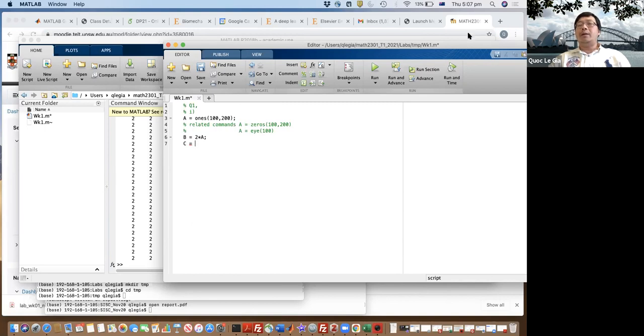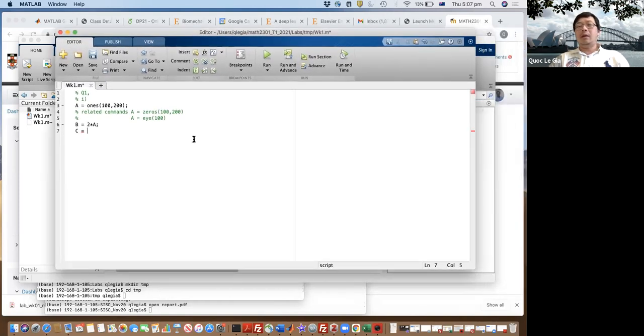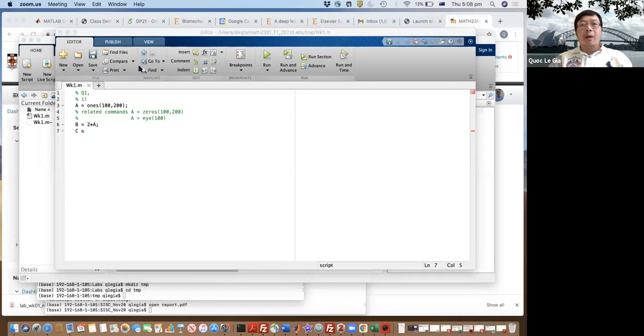Okay, so what is the pattern for the first row of the matrix C? Anyone? Are you still there?